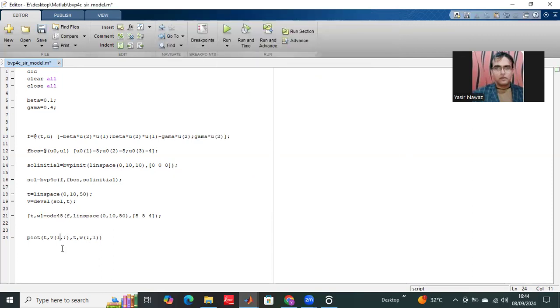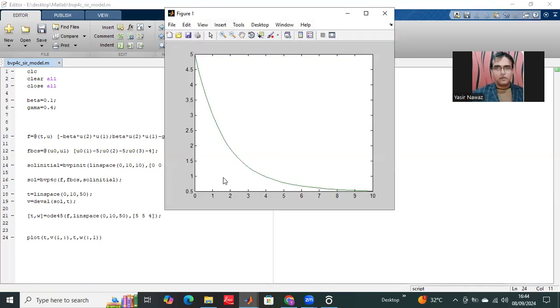These should be the susceptible. So both are susceptible. It's showing one curve, but it's actually two curves, the overlapping case.